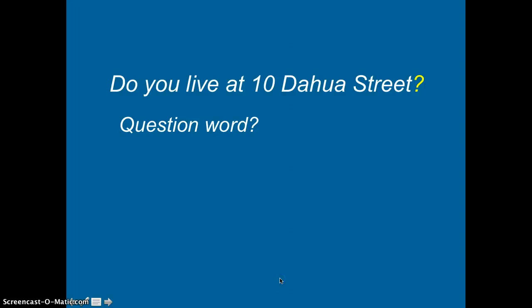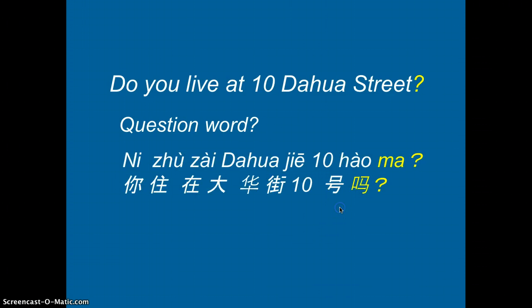And next one. Do you live at Dahua Street? This is a question, definitely a yes or no question, because the answer will be yes, I do, or no, I don't. For this type of question, we need a question word. We don't need what, where, or which. We just want to change it into a yes or no question. So now we need a 吗.